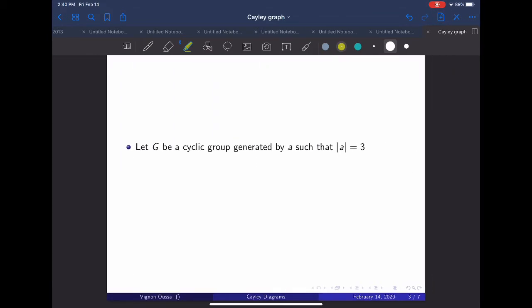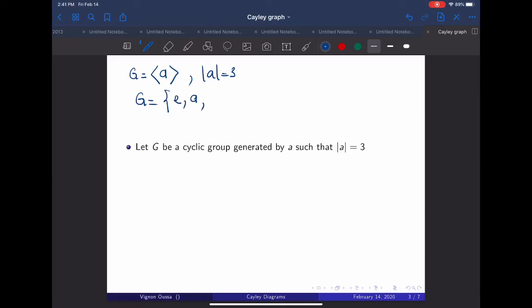Let us consider the cyclic group G, which is generated by some element A, and we'll assume that A has order 3. That being said, G will have, of course, the identity element.